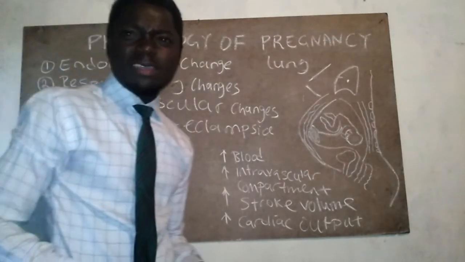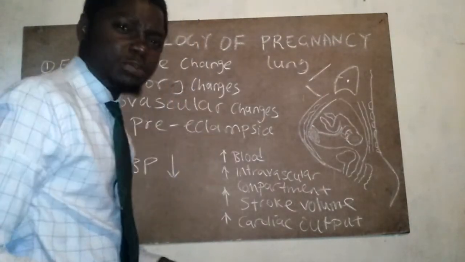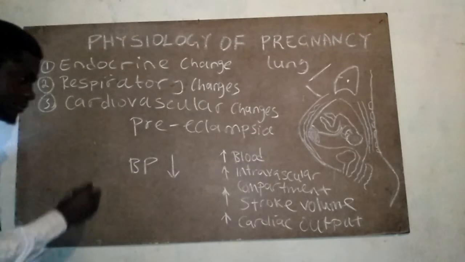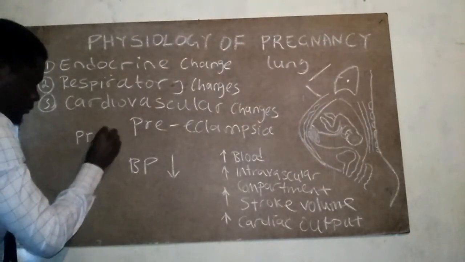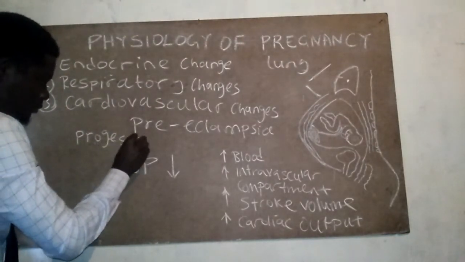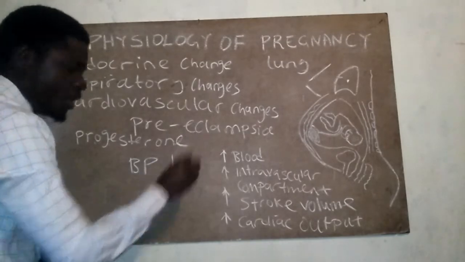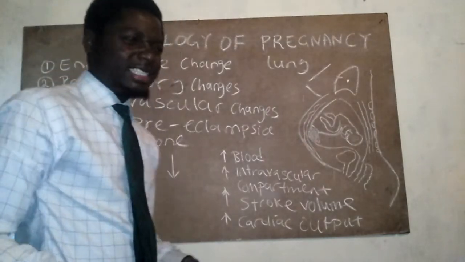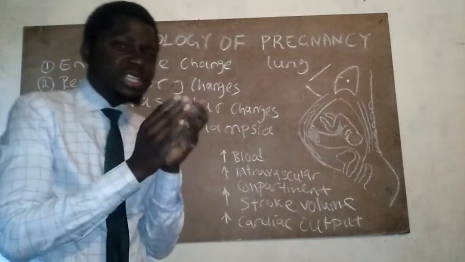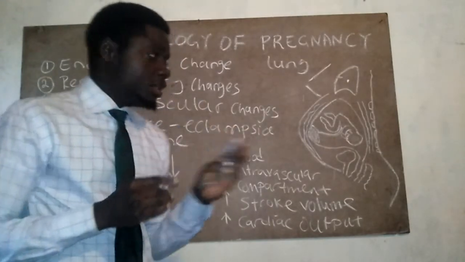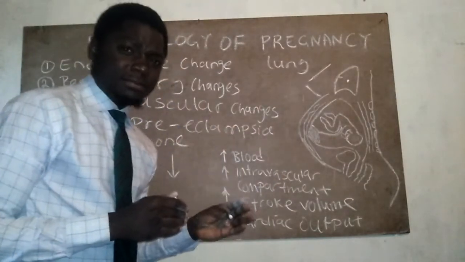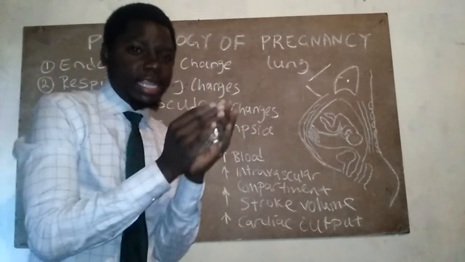And the reason why the blood pressure is going to go down is because of the hormone progesterone, because what progesterone does is that it's going to cause the blood vessels in the maternal pregnancy to start to dilate.